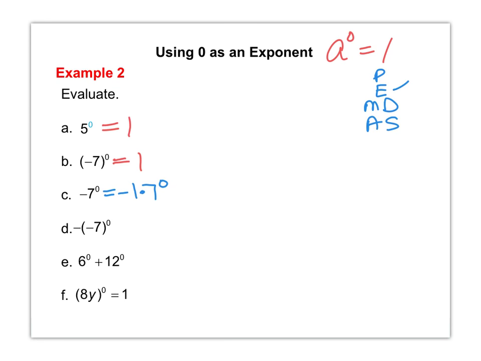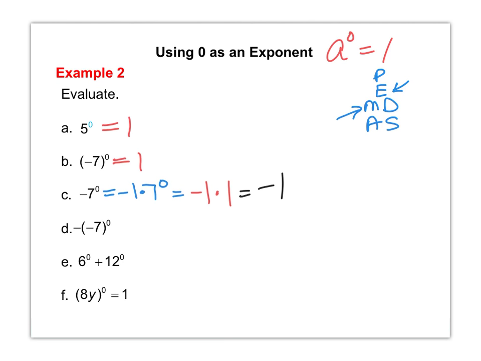So we want to do exponents before we do multiplication. So 7 to the 0 power is 1, and then multiply that result by -1. So the answer for that one is -1.